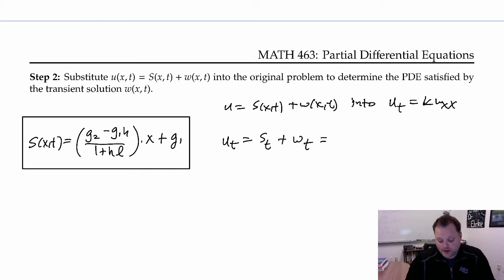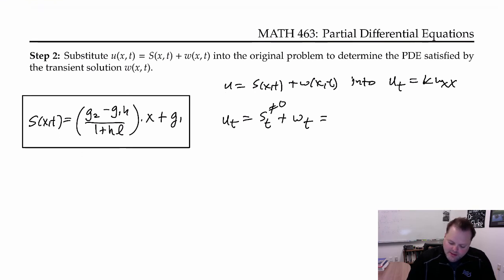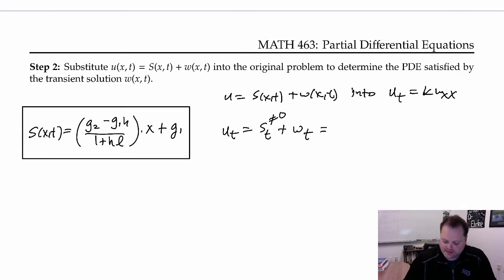I don't know what they are with respect to t, but I could find each one of those. So the point is, this is not equal to 0. When I plug this in, I can't get rid of any pieces is what I'm trying to say. So I've got to leave this just as s of t plus w of t.